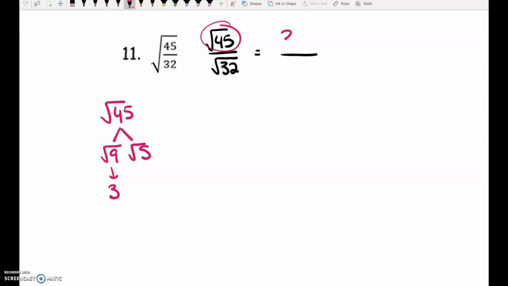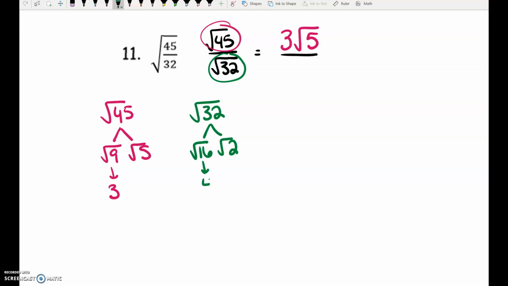So this is really 3 times the square root of 5. I'm also going to simplify the square root of 32. Half of 32 is 16. Hey, 16's on the list. So the bottom of this is 4 times the square root of 2.